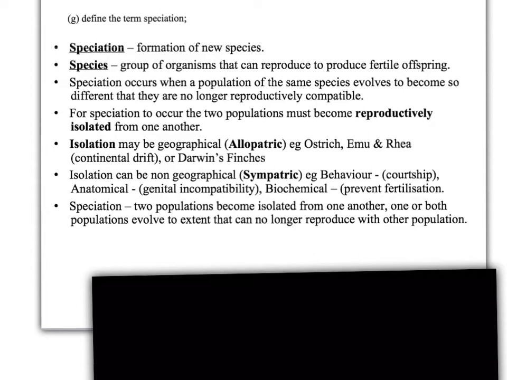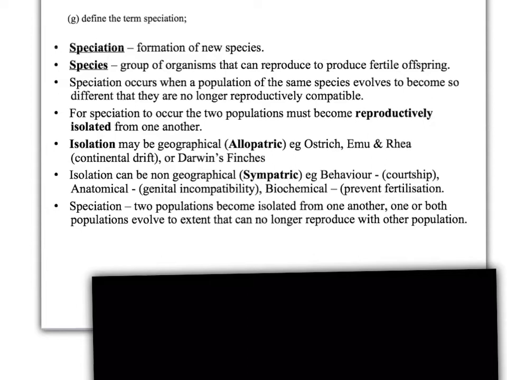And then what happens is that the two groups that can't reproduce with each other evolve differently. Natural selection results in them evolving differently to the extent that they can't reproduce with each other, even if they had the opportunity.